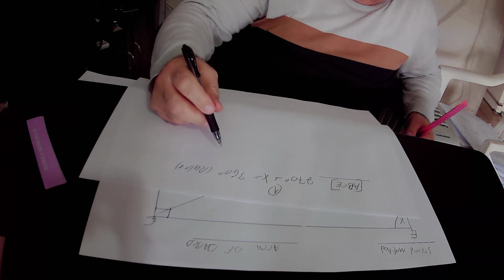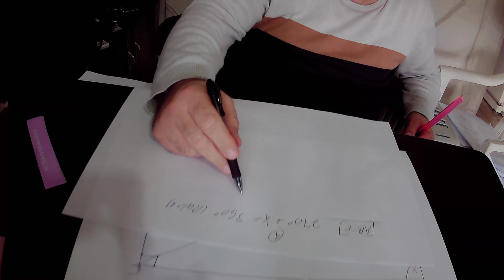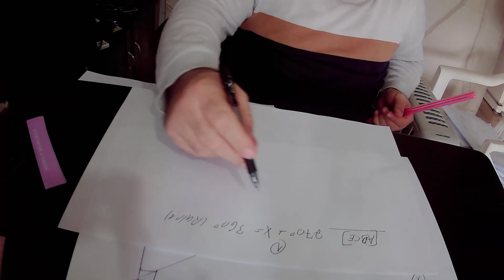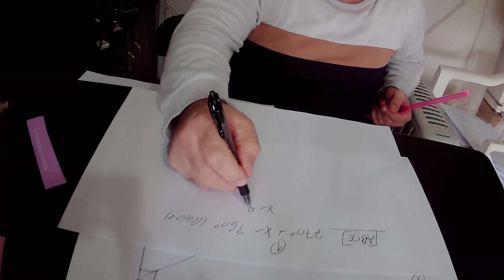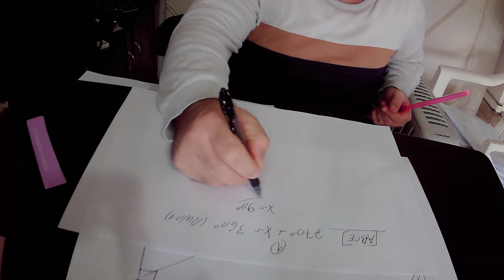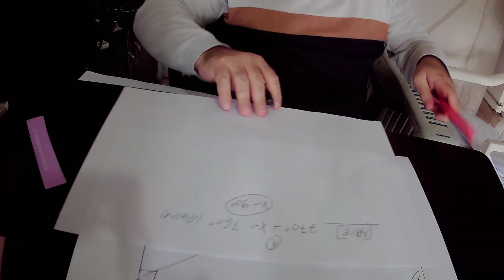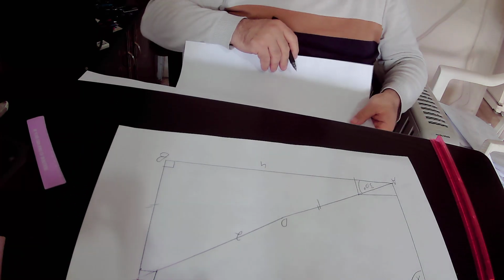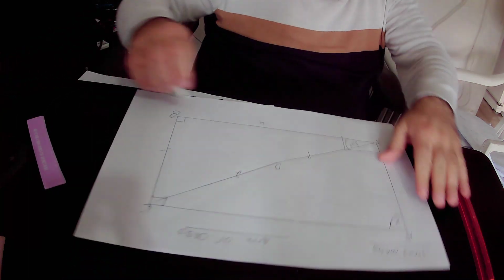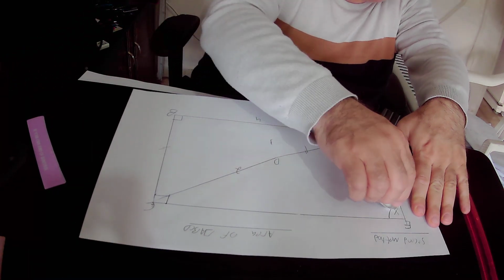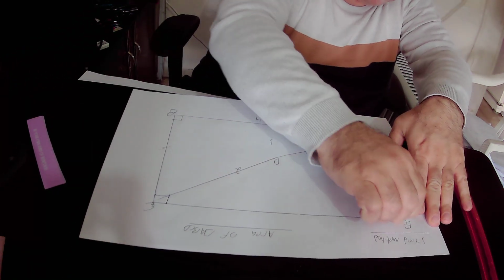We'll subtract 270 degrees from this equation and we'll get that angle x equals 360 degrees minus 270 degrees. It is actually 90 degrees. So we found out that angle x is a right angle, that is to say it equals 90 degrees. So we'll substitute angle x by a right angle.